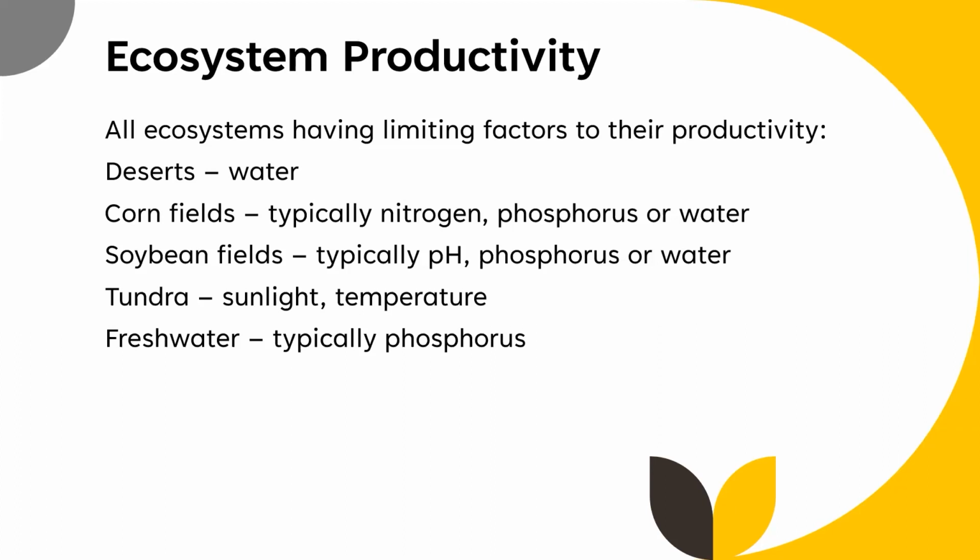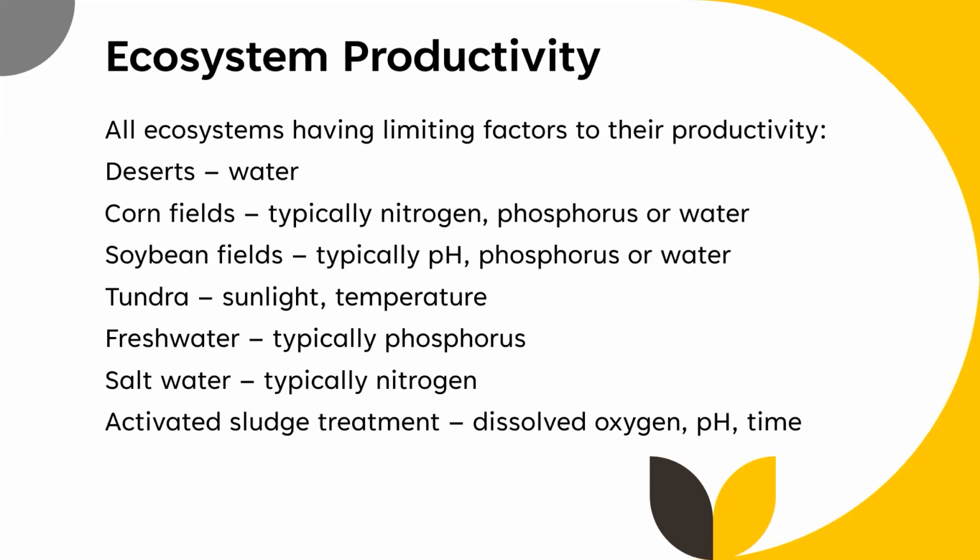You have some of the same dynamic occurring in rivers, it's just that the flow keeps the harmful algal blooms we see in lakes from occurring there. In saltwater, unlike freshwater, typically the limiting nutrient is going to be nitrogen. We'll talk about that in the next few slides.